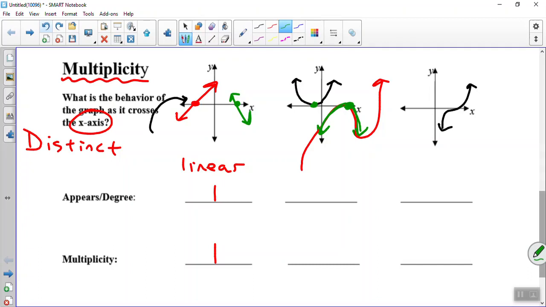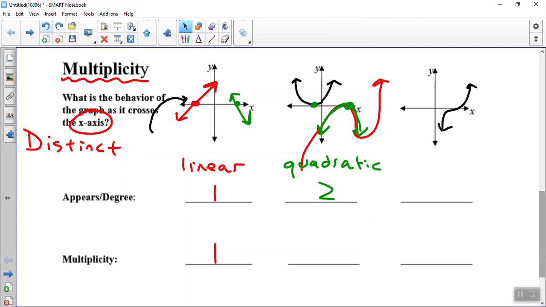It looks like a quadratic function when it touches the x-axis. Now, quadratic is a second degree polynomial. So each of these distinct zeros has a multiplicity of 2. For each distinct zero that has a multiplicity of 2, that counts as 2 zeros.